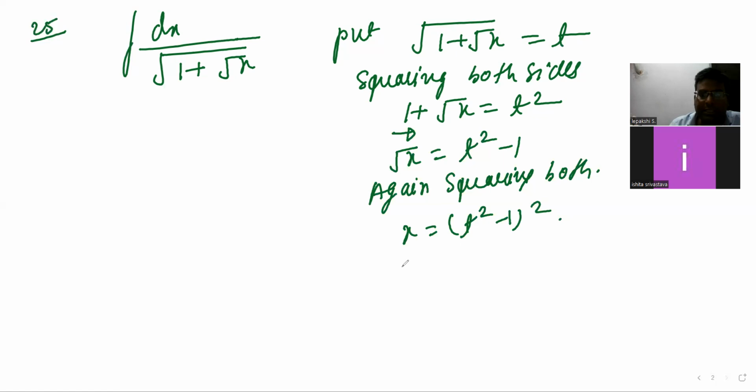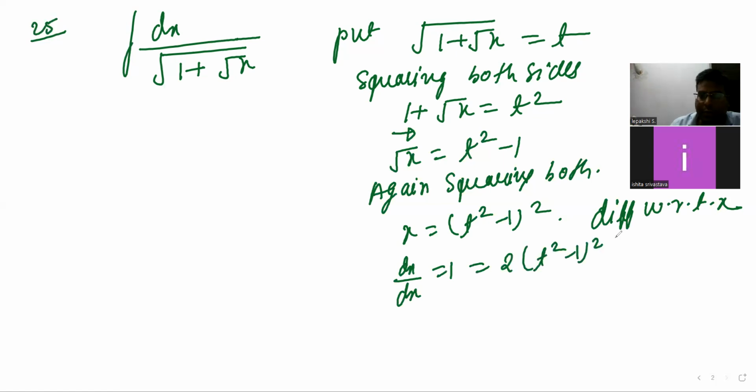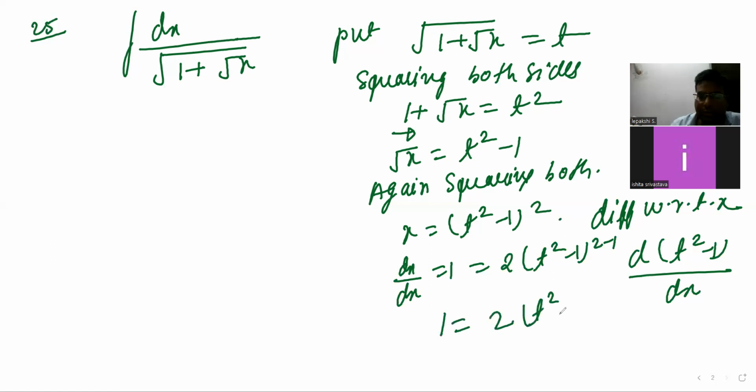Now differentiate this equation with respect to x. Then x will become dx by dx, that will be equal to 1. And this power will come out, so it will be 2 into t square minus 1 to the power 2 minus 1. Again differentiation of t square minus 1 upon dx. So 1 is equal to 2 into t square minus 1, this power is reduced to 1.